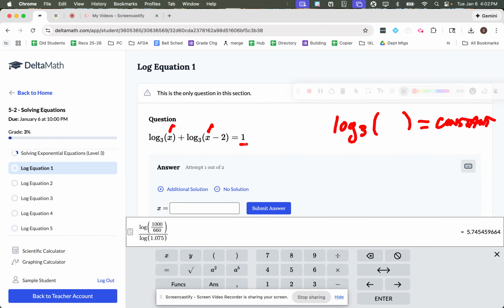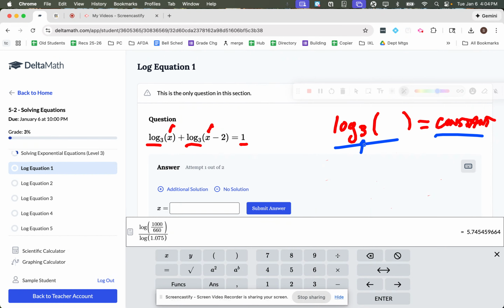Well, we know about condensing logs. It's the opposite of expanding logs, but condensing logs, and since they have the same base, you can do that. You follow this rule: log of A plus log of B is log of AB. And then once you've done that, you're going to rewrite this equation as an exponential statement.